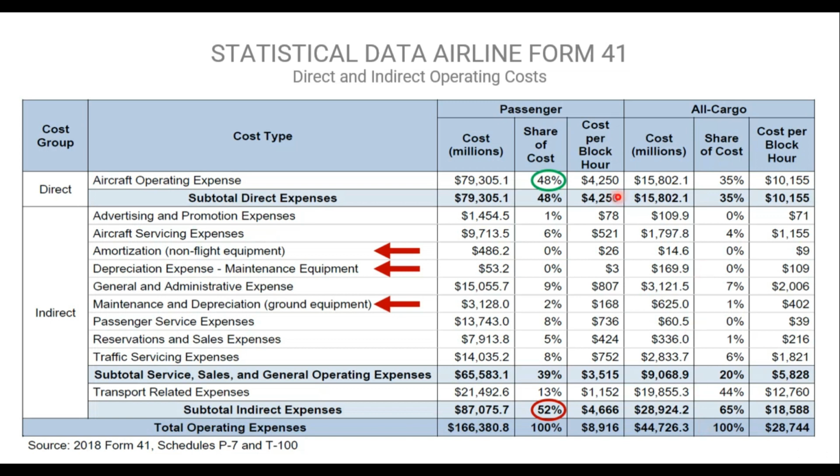And this is only 48% of the entire airline economy. Imagine that. We're talking, of course, about passenger aircraft. For cargo aircraft you have other numbers, you can see them there, but anyhow, today we'll be talking about passenger economics. So for passenger aircraft, 48% comes from the direct cost, whereas 52% comes from the indirect cost.